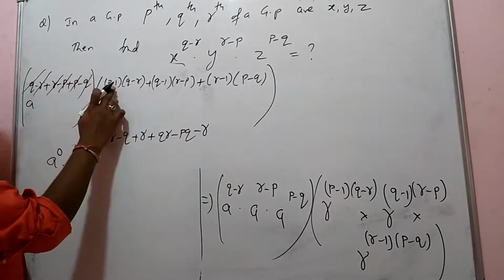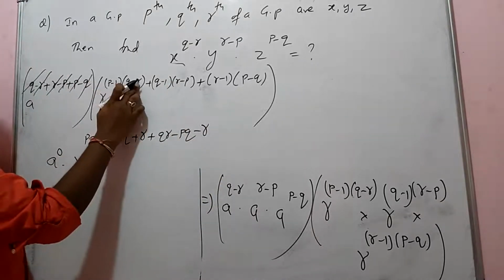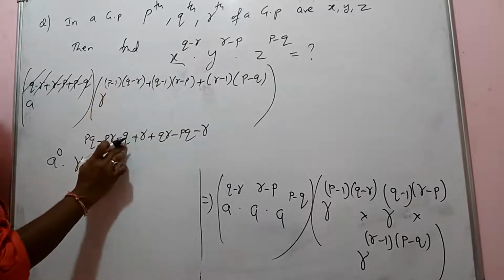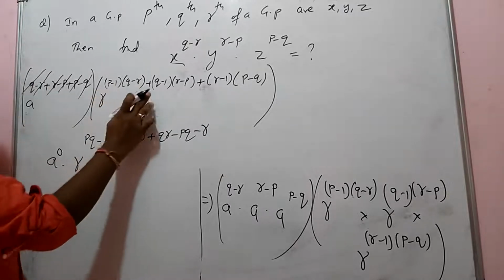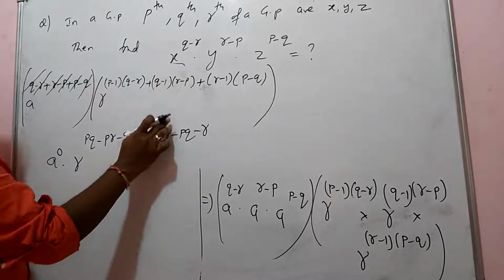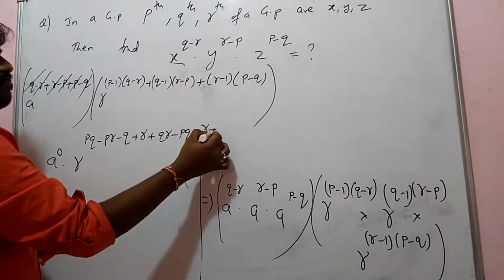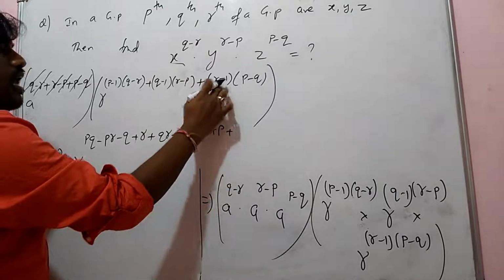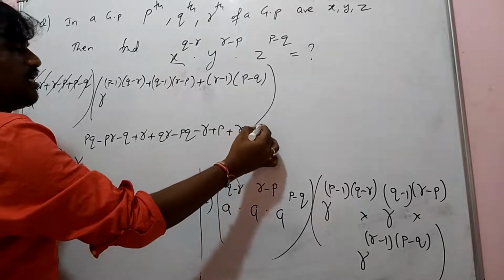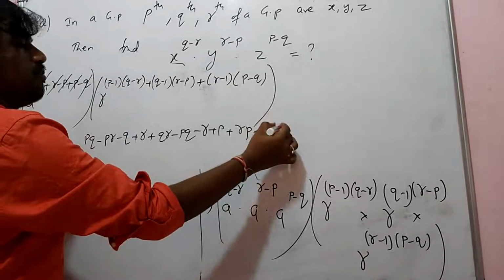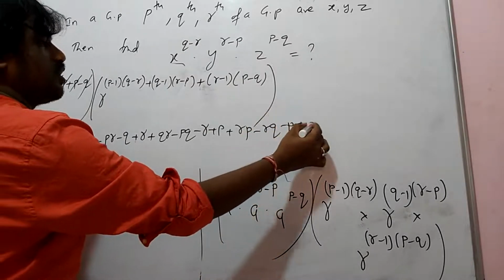Just multiply this: pq, pr, q plus r, qr, pq minus r plus p. Now here rp minus rq minus p plus q.